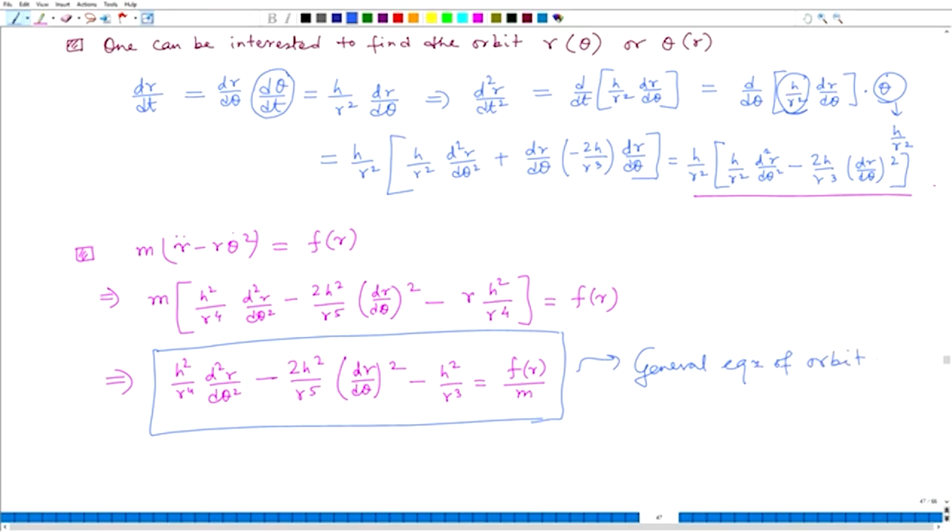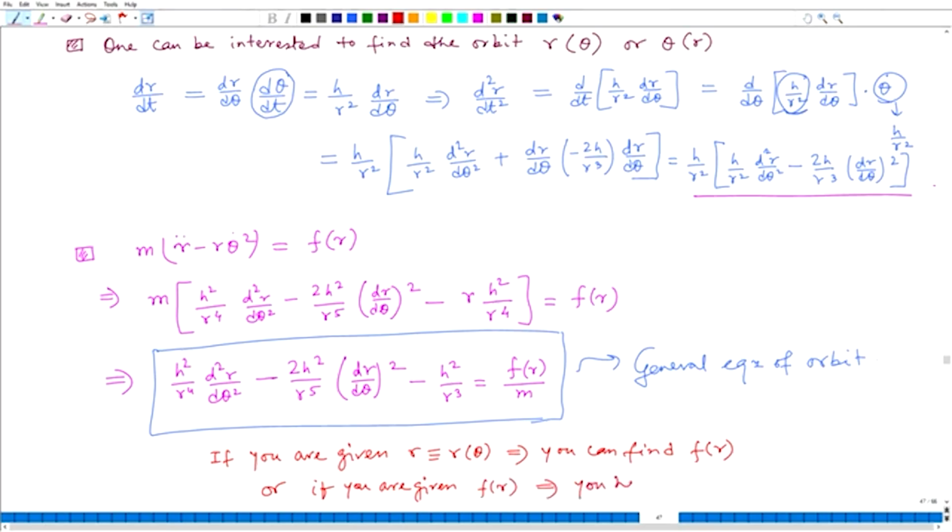So if you are given r as a function of theta, then you can find f of r easily. Or if you are given f of r, then you have to solve for r.